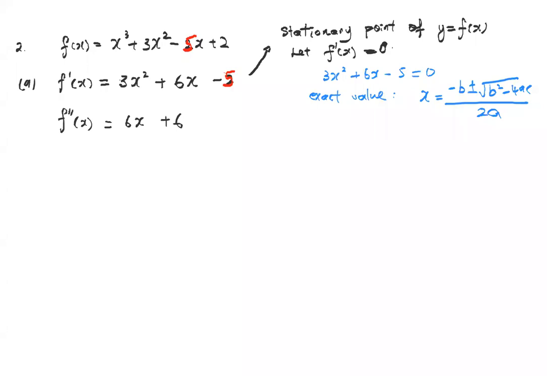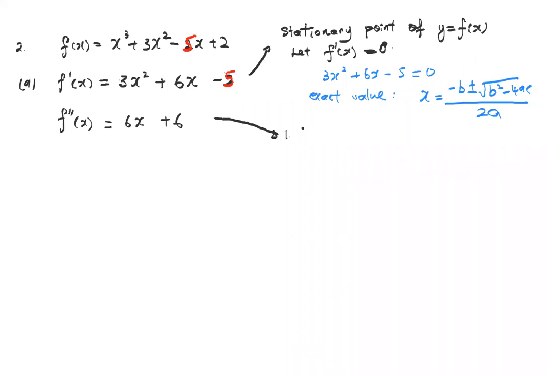Now, what is the purpose of us finding f double prime x? It is the rate of change of f prime x, correct? So it will enable us to find the stationary point of f prime x. And it will enable us to find the x coordinate of the inflection point of y equal to f(x). So I can do two things.